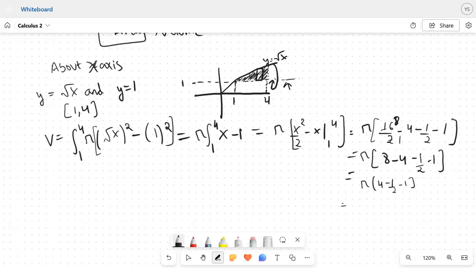If we multiply by 2, 8 minus 1 is 7 over 2, 7 over 2 minus 1. Again multiplying by 2, that's going to be 7 minus 2, which is 5 over 2. So our answer is 5 pi over 2. That's going to be the volume.